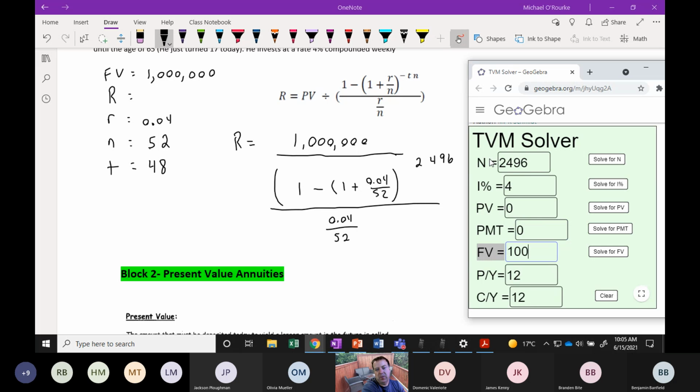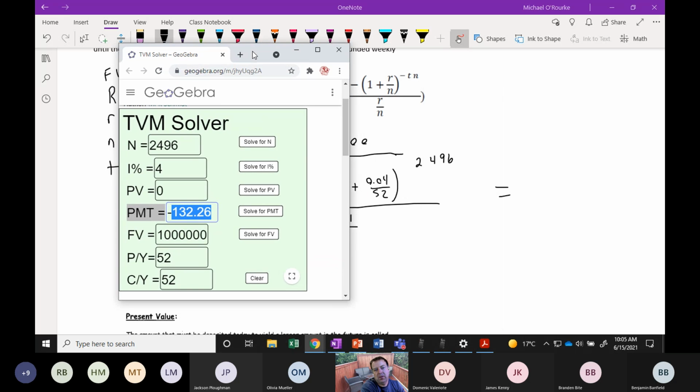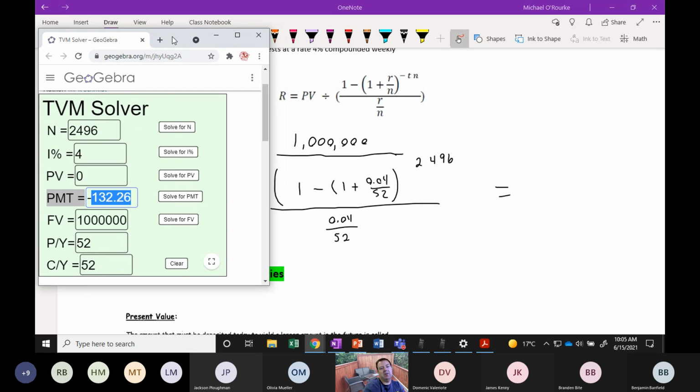My future value is $1 million, and we're doing weekly. So my regular payment, 132.27. Perfect. So if you want $1 million, you have to put 132.26 in investment every week.